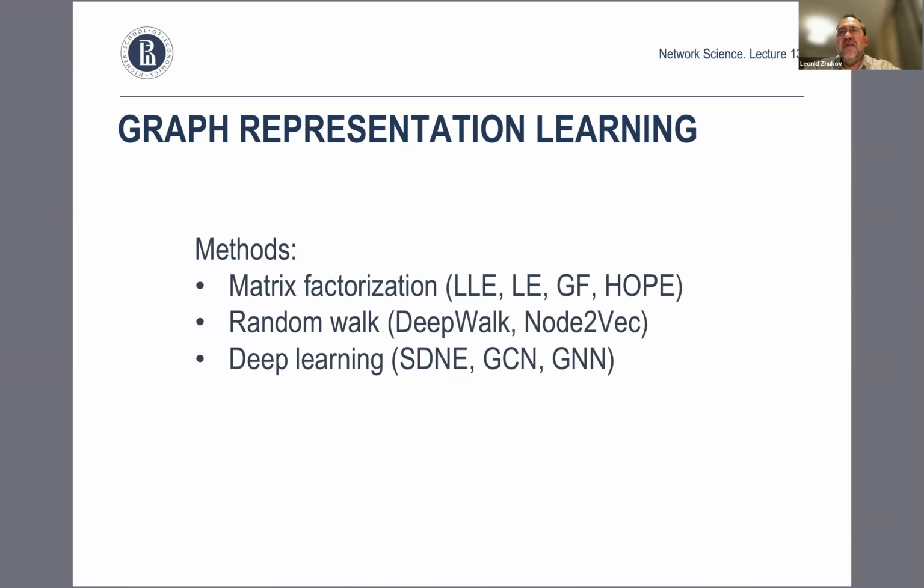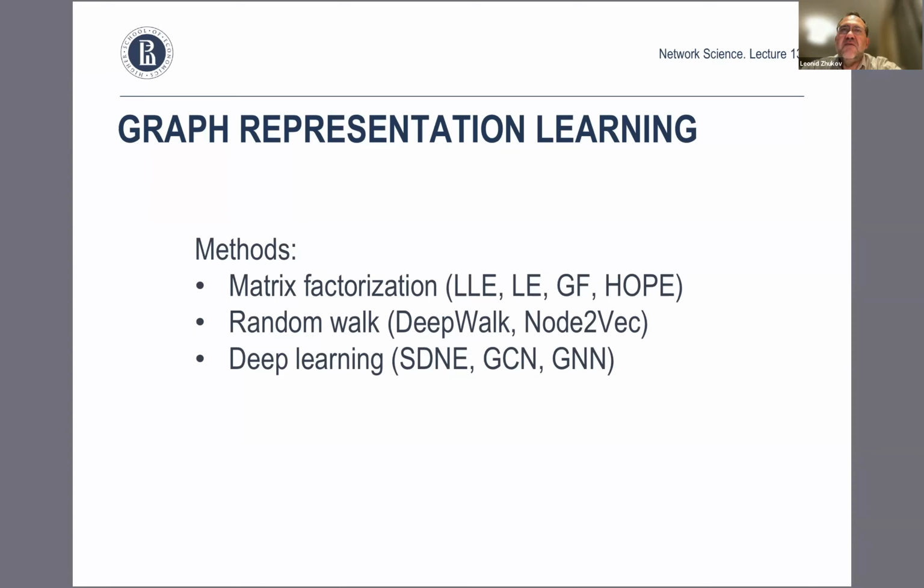There are several methods: one is called locally linear embedding, Laplacian eigenmaps, and a couple of other methods. Then there is another class of methods based on random walks, where we try to build a representation based on random walks on the graph.